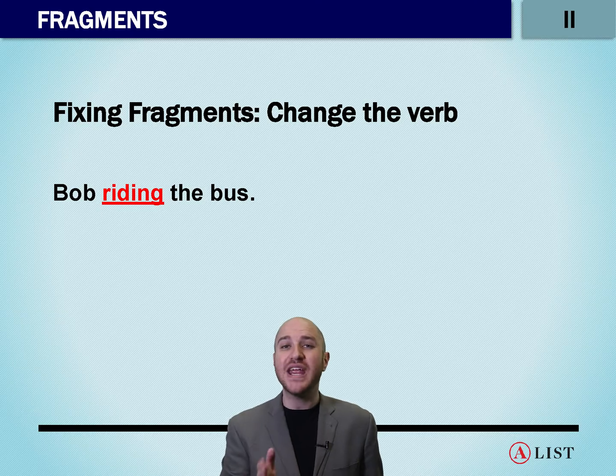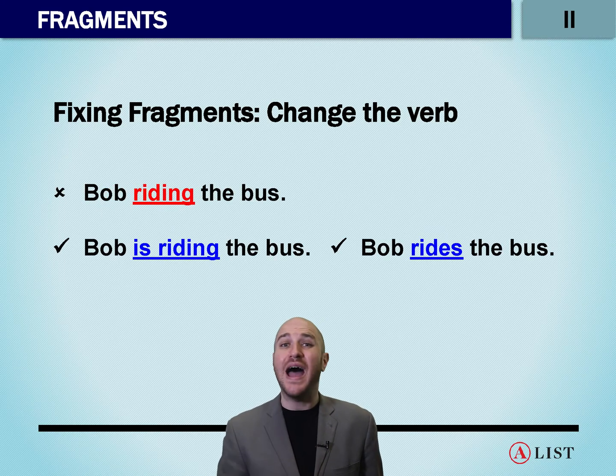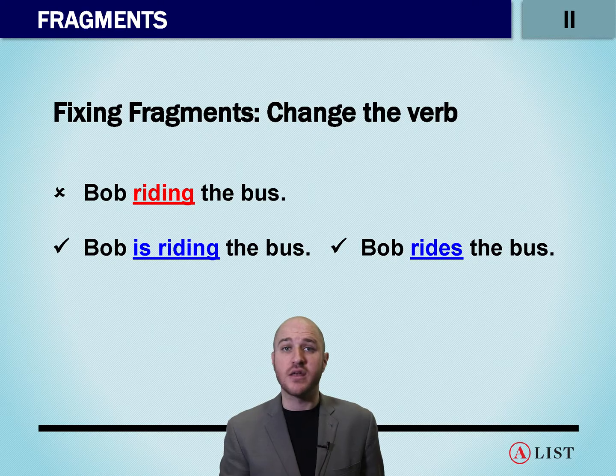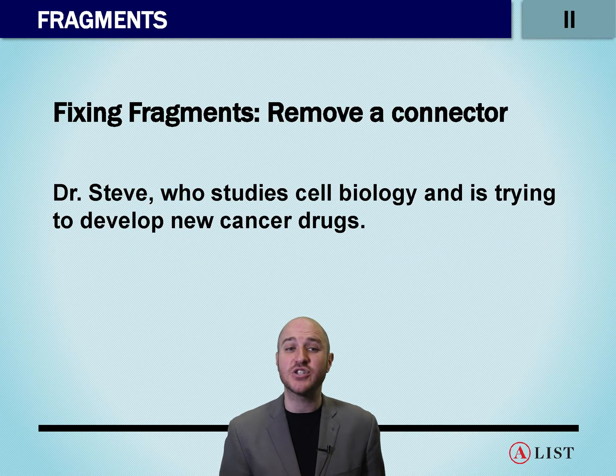So we can either change that gerund riding into something like Bob rides the bus, or we can add a verb such as is. Bob is riding the bus, or Bob was riding the bus, or Bob has been riding the bus for the last 20 minutes. When is he going to get here? Bob, get it together!